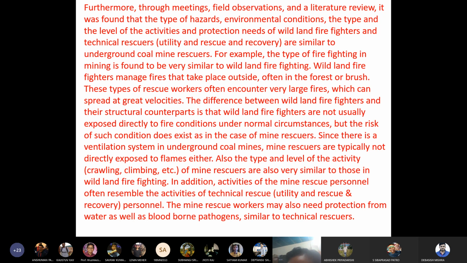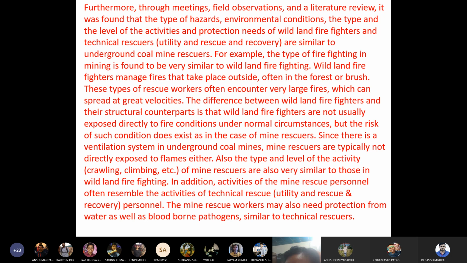Wildland firefighters manage fires that take place outside, often in the forest or in the bushes. These types of rescue workers often encounter very large fires which can spread at great velocity.